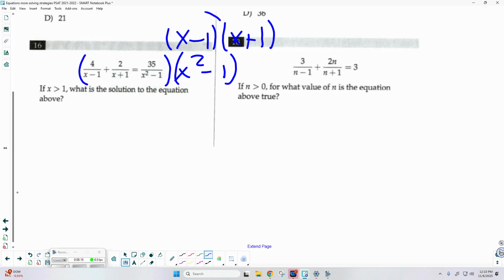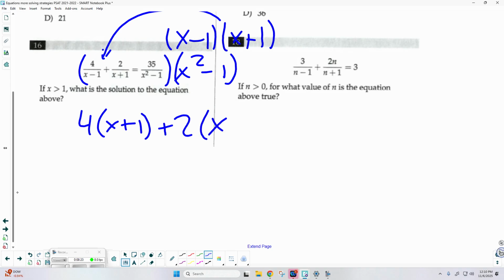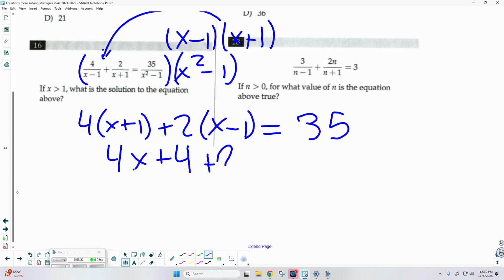Yeah, so you can just like do to each term. So this one becomes 4 times x plus 1. This is 2 times x minus 1. This is just 35. Okay. And then from here we can just simplify. x plus 4. x plus 2 equals 35.